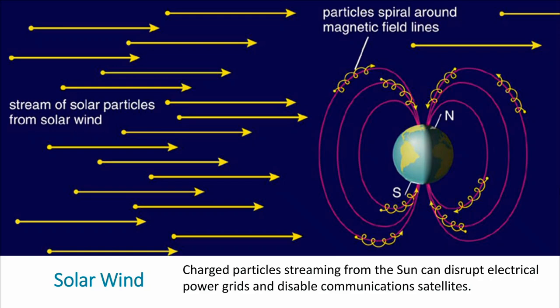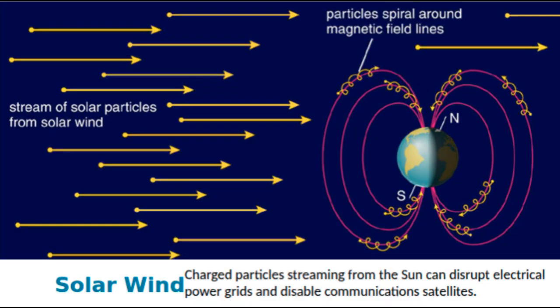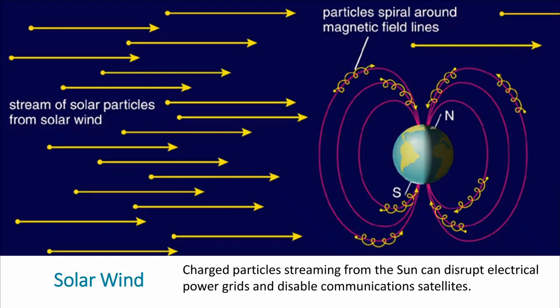These are the particles that are responsible for the pretty auroras that we see on Earth at the northern and southern poles when those charged particles interact with Earth's magnetic field. These charged particles can be damaging, especially to electronics, and so they are a danger to satellites out in space. And so the solar wind, while it's capable of producing beauty in the auroras, is also something that we need to be wary of.